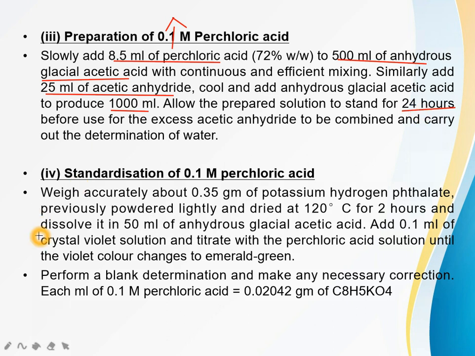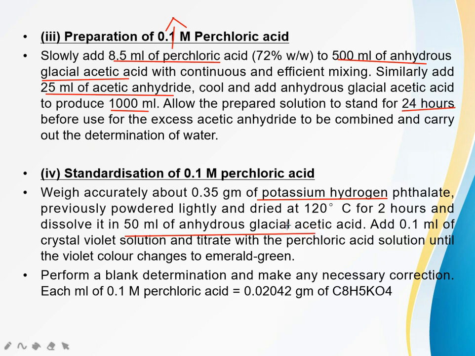The next is the standardization of 0.1 molar perchloric acid. We have already discussed in the previous topics that there will be a primary standard, and in the standardization of 0.1 molar perchloric acid, the primary standard used will be potassium hydrogen phthalate. You have to weigh 0.35 gram of potassium hydrogen phthalate, previously dried at 120 degrees Celsius for 2 hours, and then dissolve it in 50 ml of anhydrous glacial acetic acid.